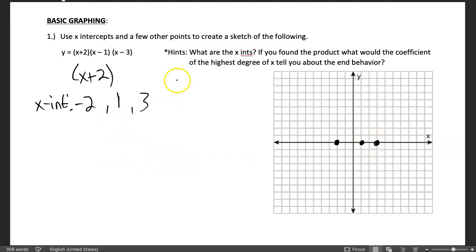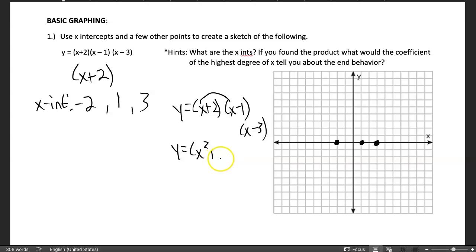Now we can also, just like we were doing with the parabola, look at the end behavior to figure this out. What is our degree going to be? Well, we have y is equal to x plus 2 times x minus 1 times x minus 3. If we combine the x terms, we would get y is equal to x squared plus a whole bunch of other things times x minus 3.